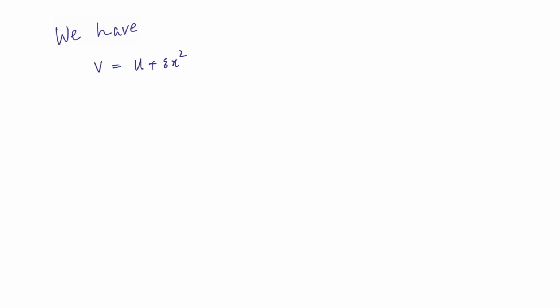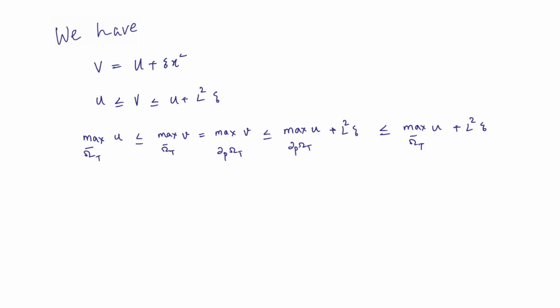So, since epsilon is arbitrary, let epsilon tend to 0. Then we see that the first and the last term of this chain of inequalities are the same. As epsilon tends to 0, this term goes away.